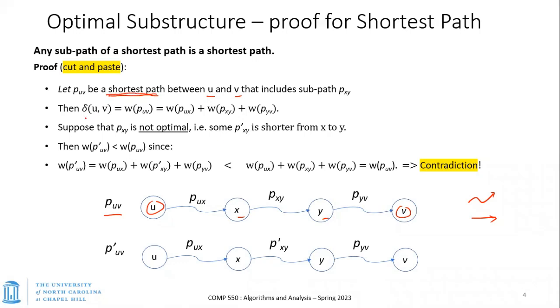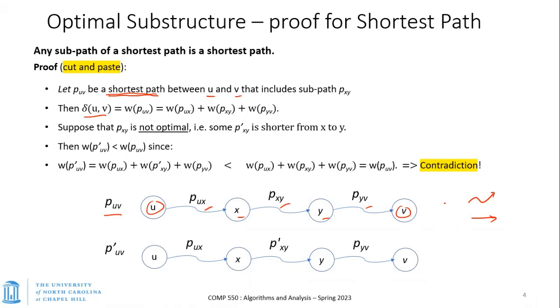And we're saying that if delta UV, which is the shortest path weight from U to V, is equal to the path weight from U to V, then that is simply equal to the sum of these three individual weights. Right? Obvious.